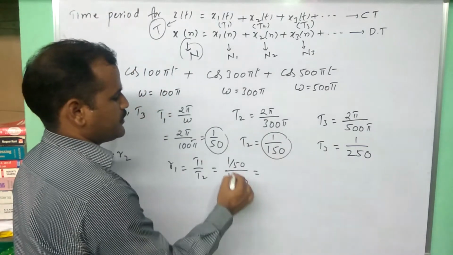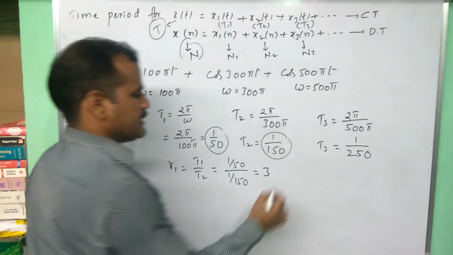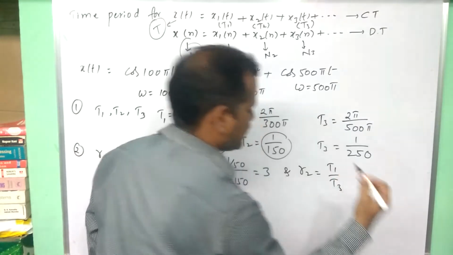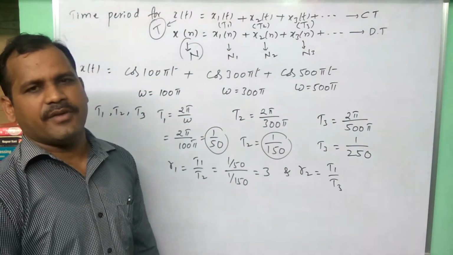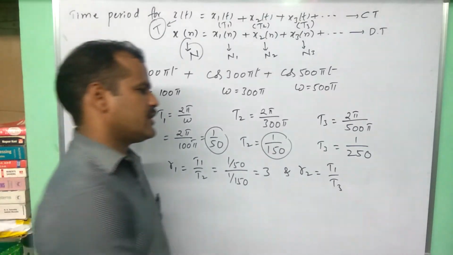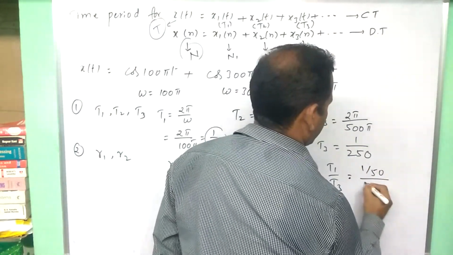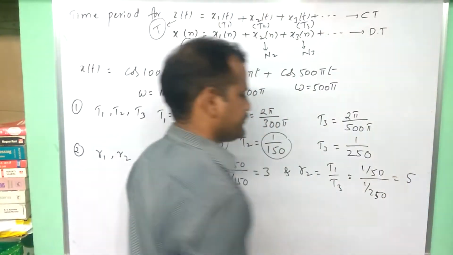That is equal to 50 going into 150, 3 times. So it is 3. Similarly, the second ratio, T1 by T3. T1 value is 1 by 50, T3 value is 1 by 250. So T1 by T3 is 1 by 50 divided by 1 by 250, which is 5.